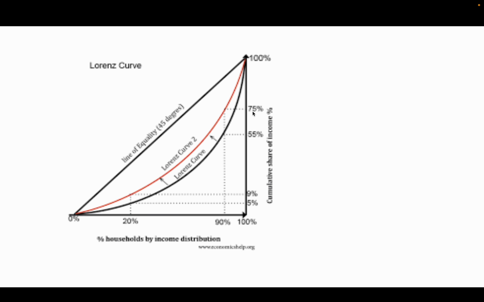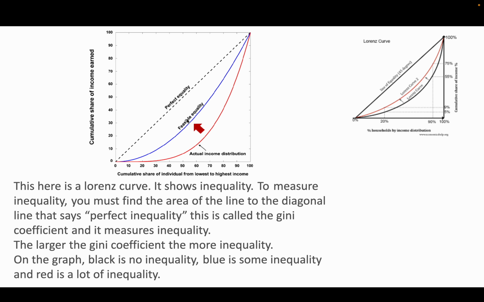The Gini coefficient is the area of this curve. So for instance, let's say we have feasible equality. The Gini coefficient would be the area of this portion here, this kind of banana peel, so to speak.